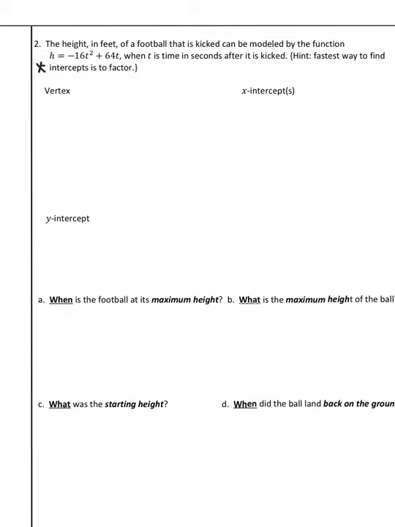All right, vertex, if you remember, back when we were doing vertex, is negative b over 2a for the x-coordinate of the vertex, right? So let's identify your ABCs. So my A is negative 16.